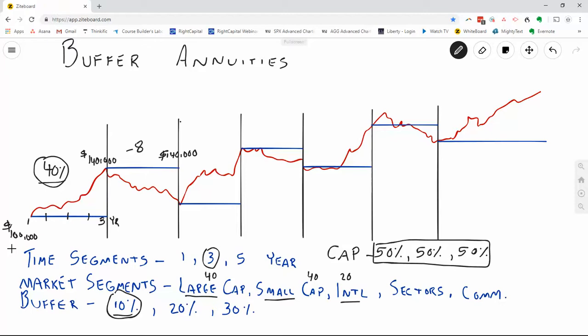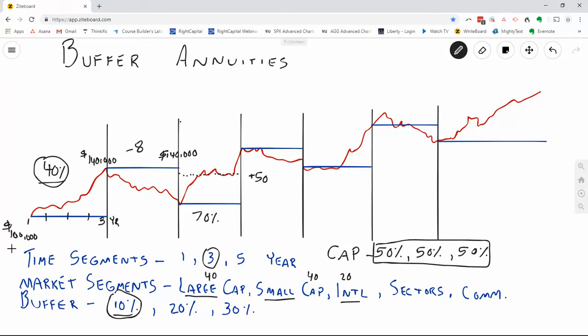Let's say in this particular case, it goes over the max. Let's say it goes up by 70% over this 3-year time period. Well, what's my max? It's 50%. Let's say that this is the cap here. Well, I am going to be limited to gaining 50% over that 3-year period of time.